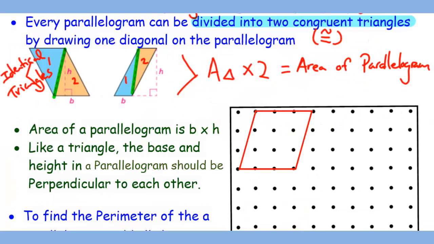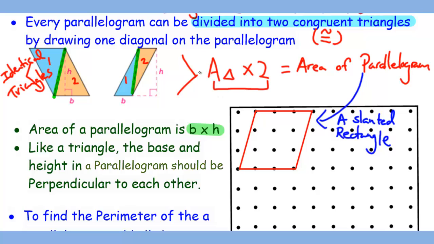Now let's take a look at the picture below right here. This is a parallelogram, which is basically a slanted rectangle. So besides finding the area of a triangle times 2, the area of a parallelogram can also be defined as base times height. Now let's quickly take a look at how you can find the same formula from the above.